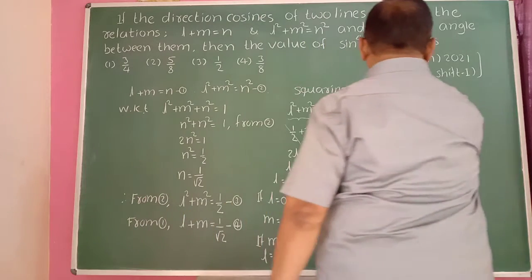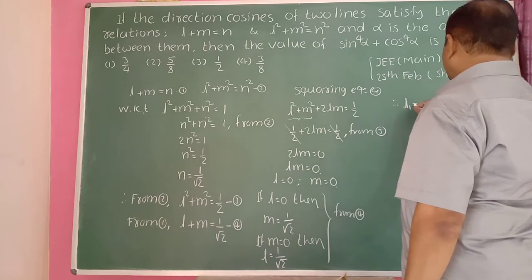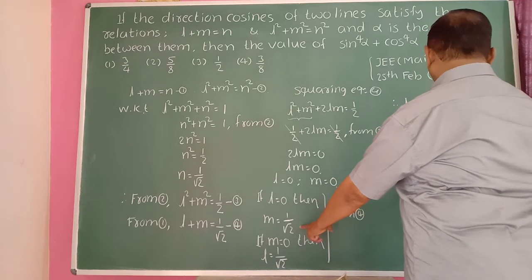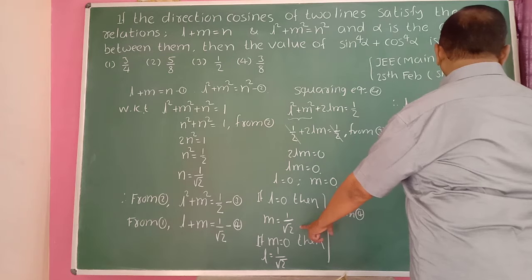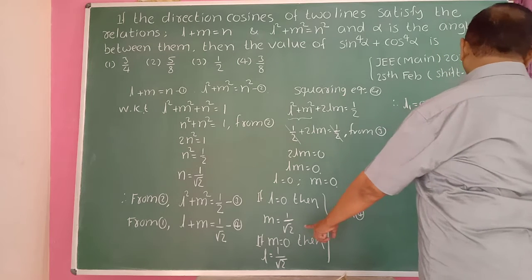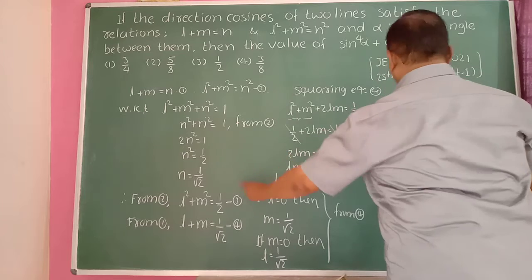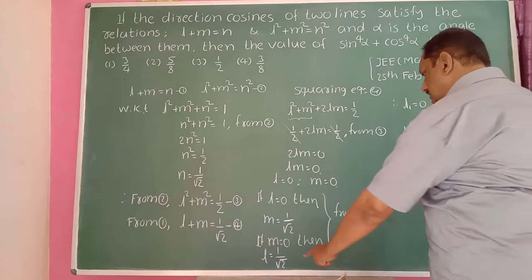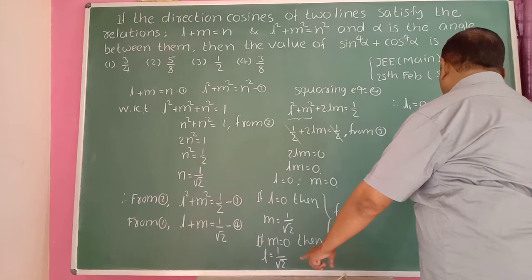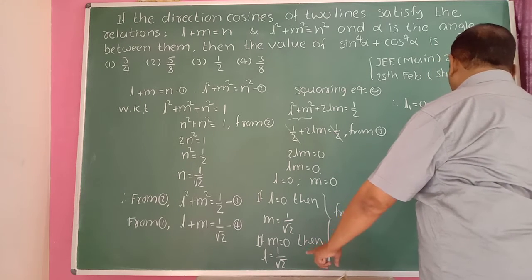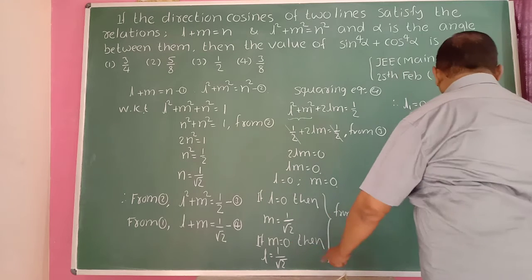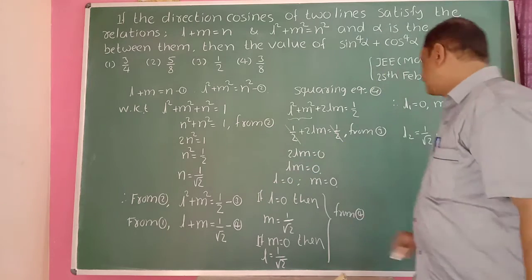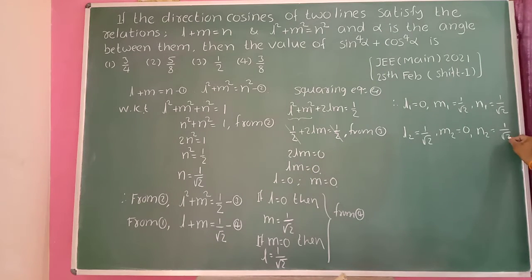Therefore here, l₁ = 0, then m₁ = 1/√2, and n₁ = 1/√2. Then l₂ = 1/√2, m₂ = 0, and n₂ = 1/√2.